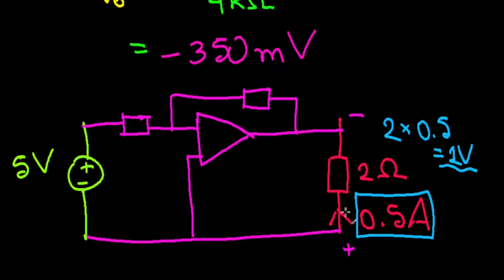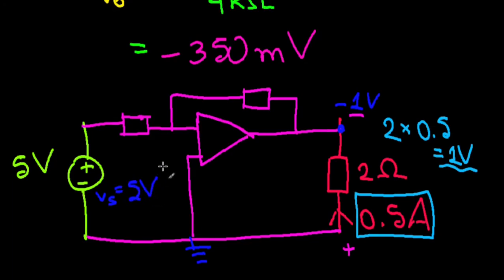If we consider this to be the ground, this is going to be, you know, 1 volt in this direction. This is actually negative 1 volt. So that's the output voltage, and our input is 5 volts, right? So Vs is 5 volts.